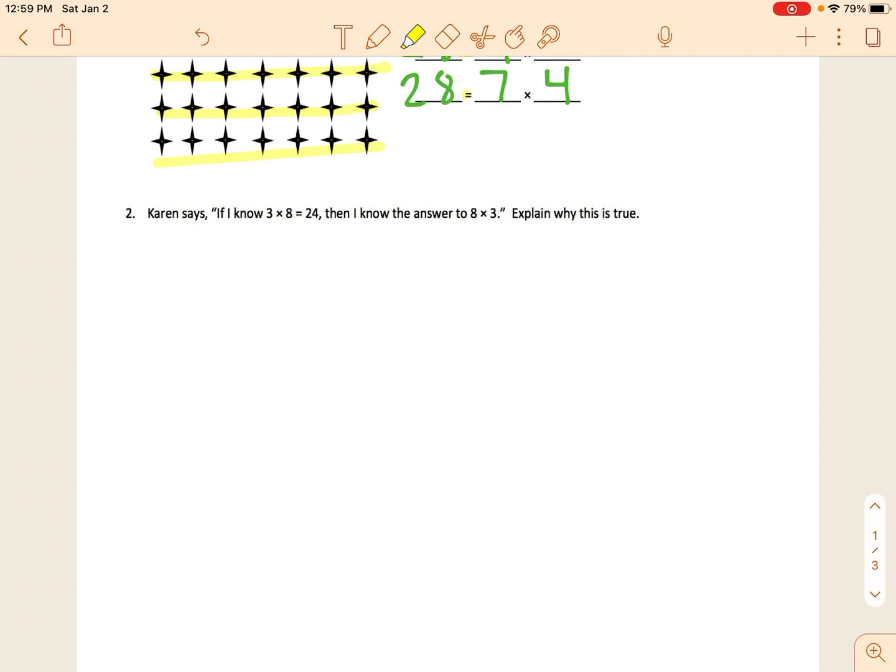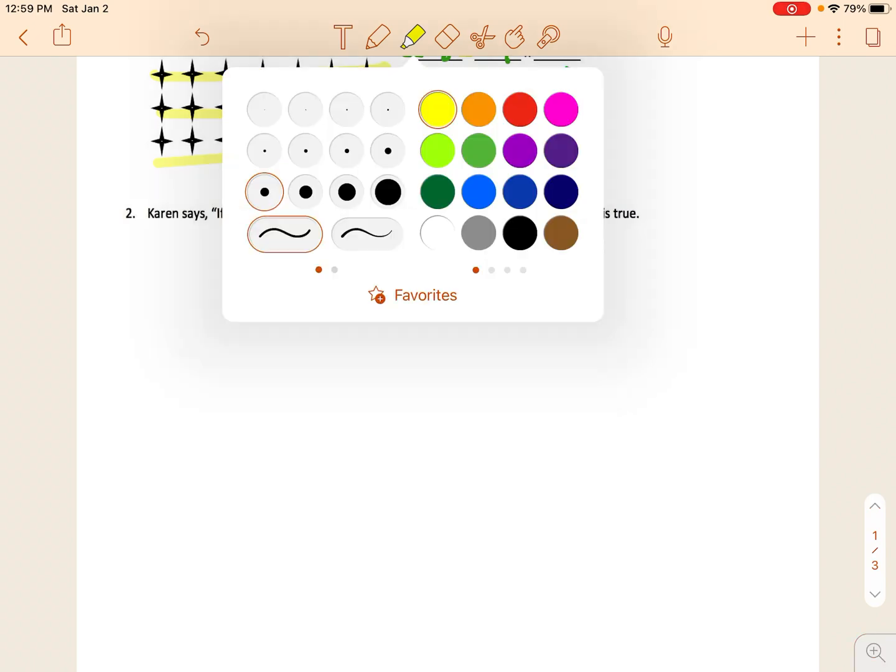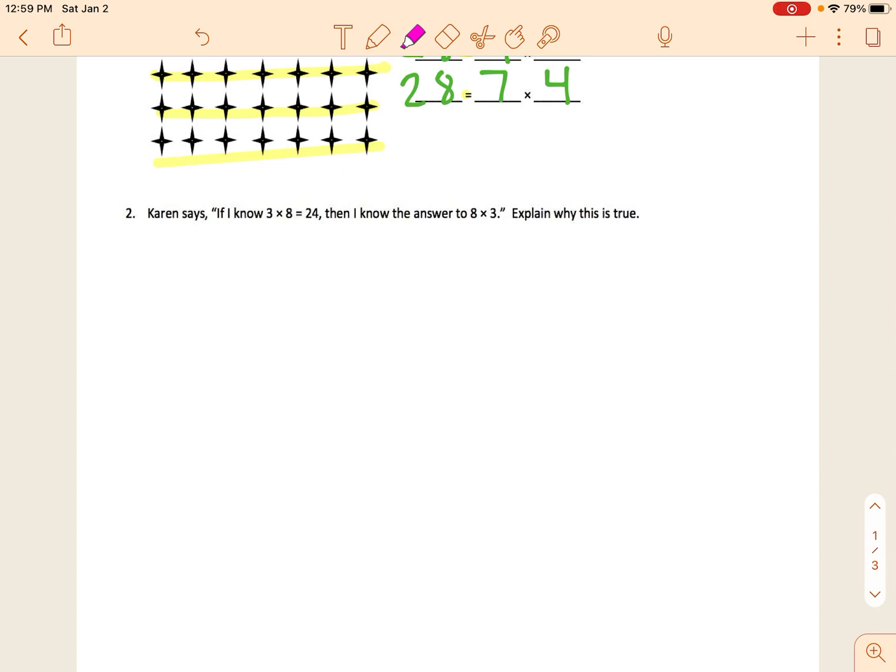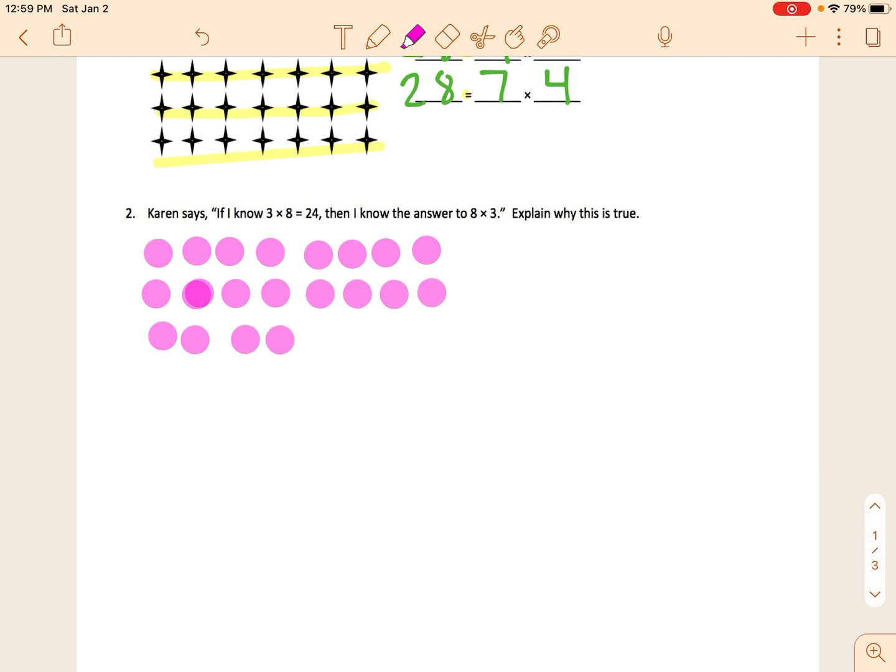So if I explain why this is true, I am going to use this. We have 3 times 8. 1, 2, 3 rows and 1, 2, 3, 4, 5, 6, 7, 8 columns. And I'm going to finish my array. There we go. And I am going to write down 3 times 8 equals 24.